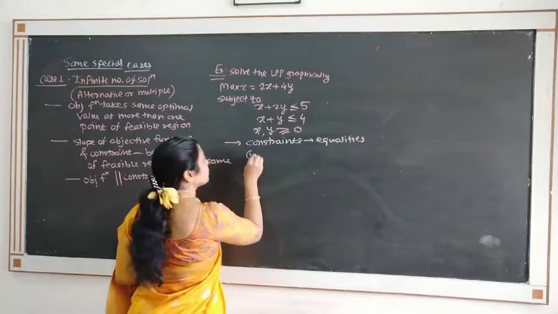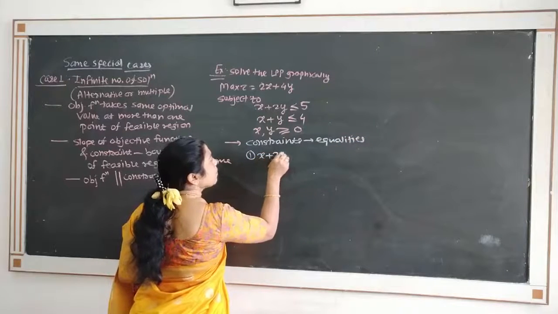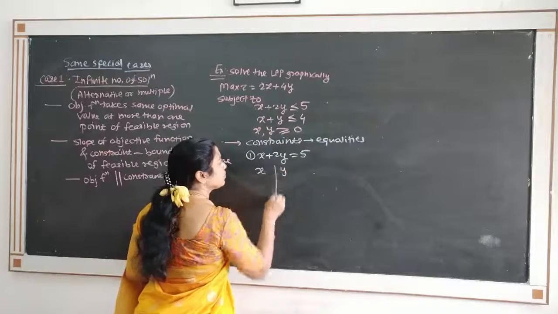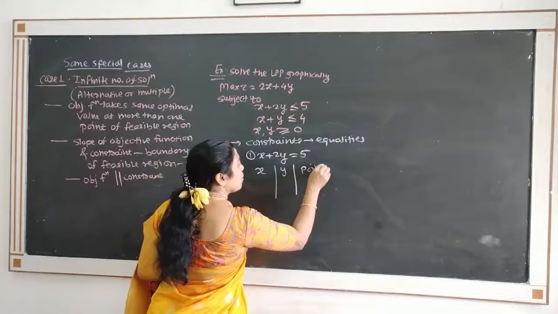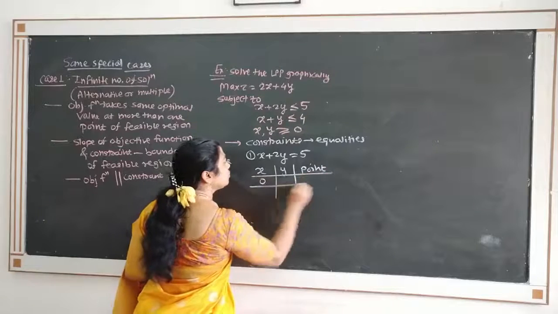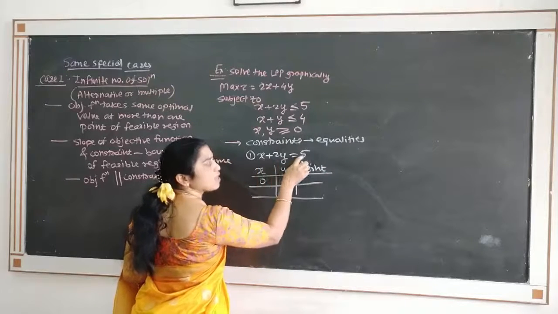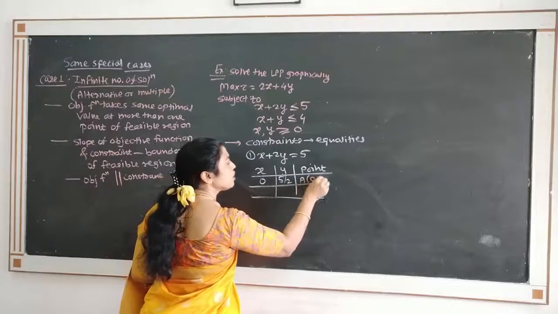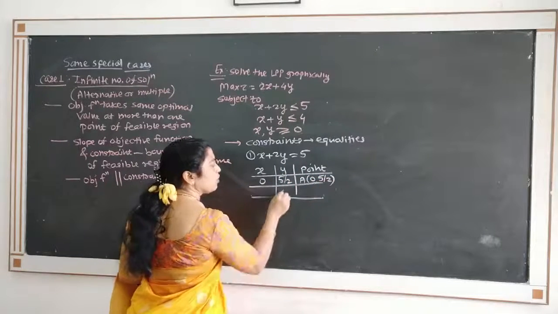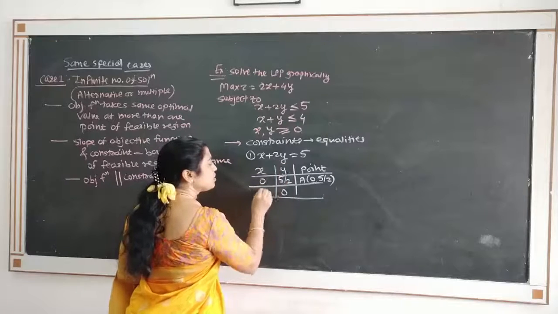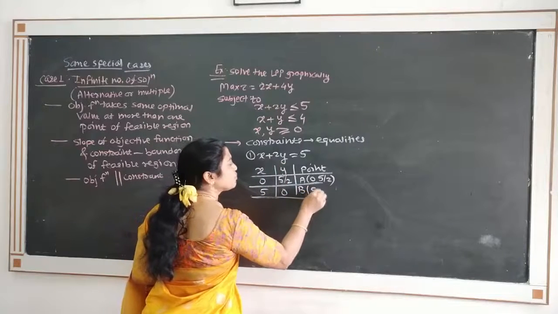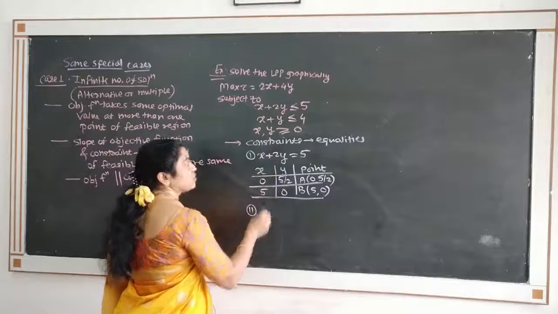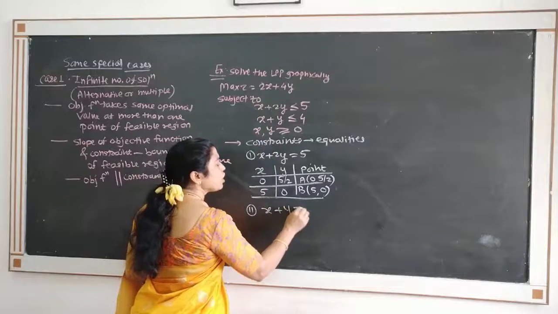So consider the first constraint, that is x plus 2y equal to 5. Get the points. When x is 0, 2y is 5, so y is 5 by 2. The first point comes to be 0, 5 by 2. When y is 0, x is 5, so the second point is 5, 0. The next one is x plus y equal to 4.